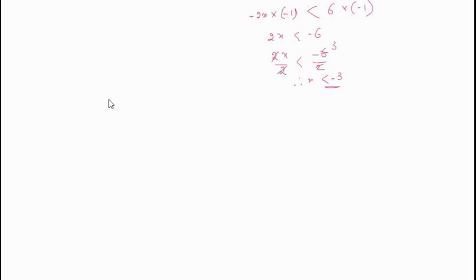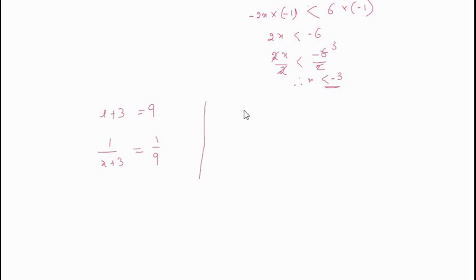Let us take a very simple linear equation, x plus 3 equal to 9. Now if I inverse both sides, that is 1 by x plus 3 and 1 by 9, this is still equal to, left side is equal to right side. It holds good. Now let us take an inequation.